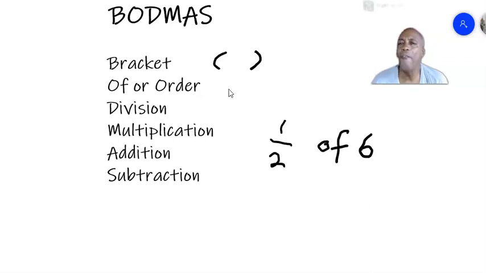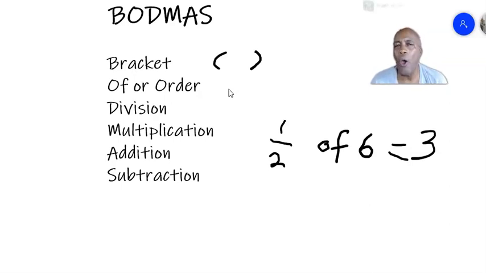A half of 6 means you're multiplying 6 by a half, and so the answer would be 3. That's the of here. And the of is done after the bracket and before multiplication and division, when it is present in a problem.